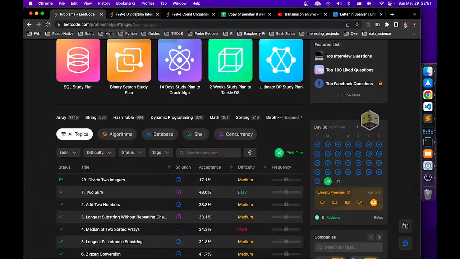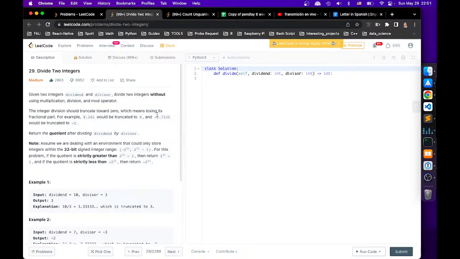So today, the problem is Divide Two Integers. It's widely hated. Given two integers, divide them without using multiplication, division, and mod. The integer division should truncate towards 0, which means losing its fractional part. Return the quotient after dividing.